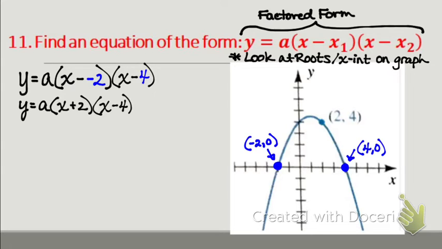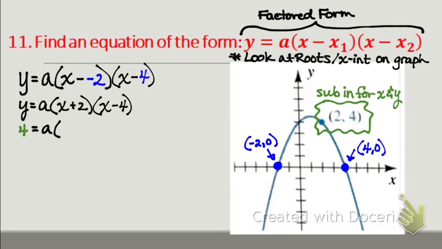How can I use anything else they gave me to find A? Substitute that point in for x and for y. So this guy right here. We're putting 4 in the place of y.